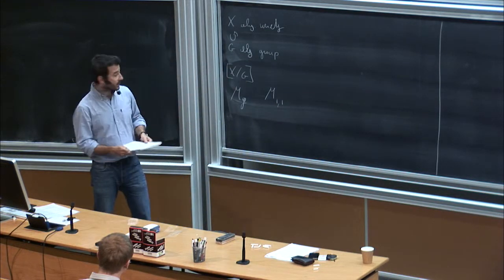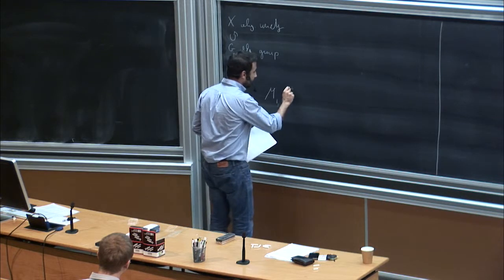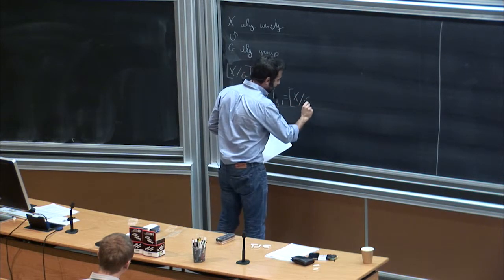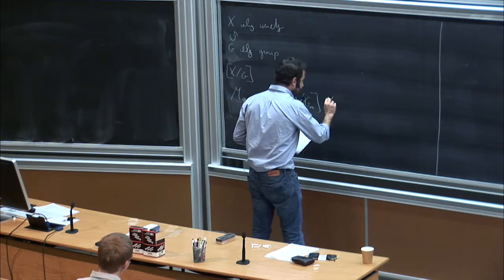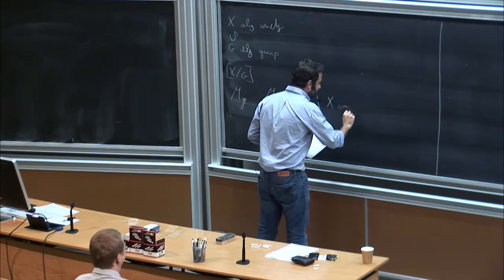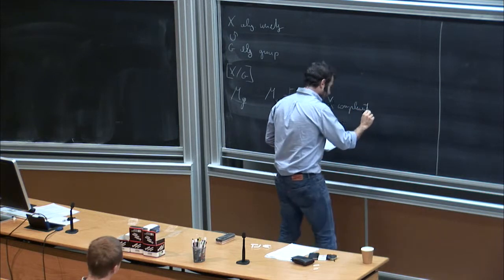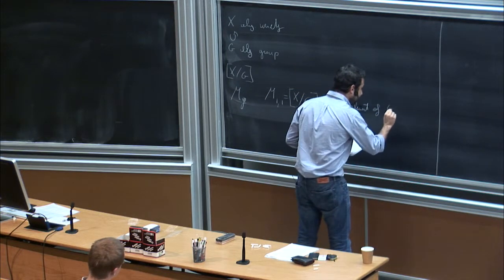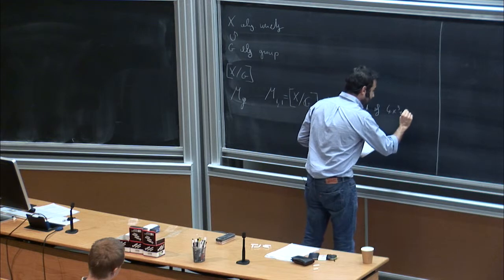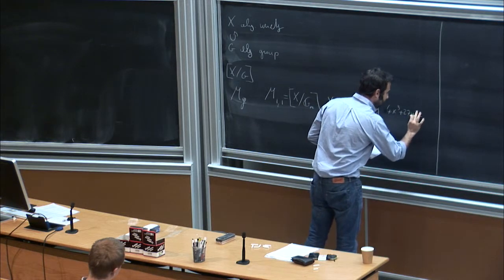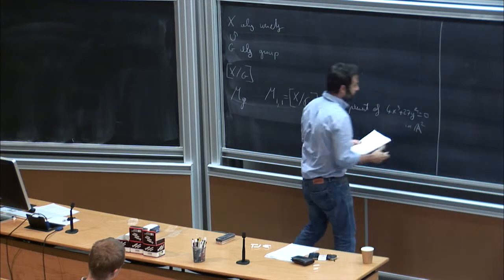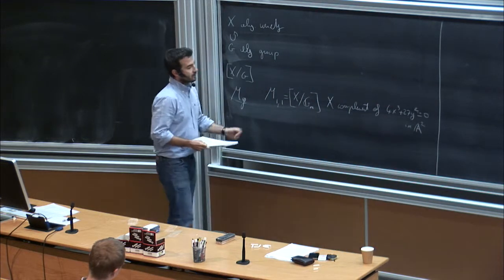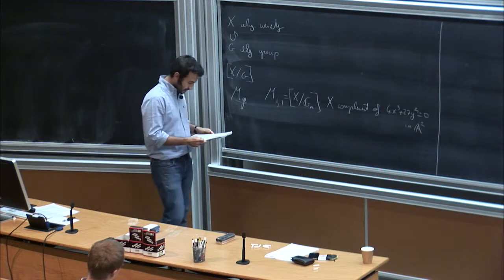For instance, in the case of elliptic curves, this can be described as a quotient where X is the complement of a hypersurface with this equation in an affine space. This is basically the discriminant, and this is given by the Weierstrass equation.